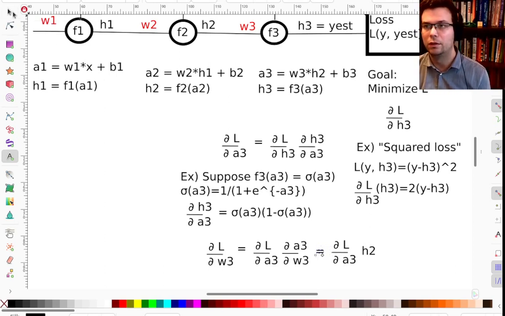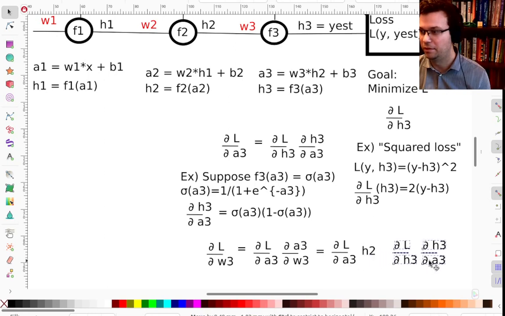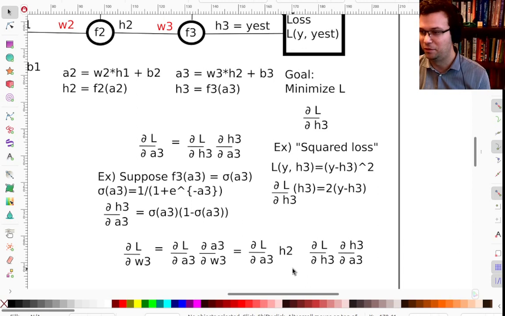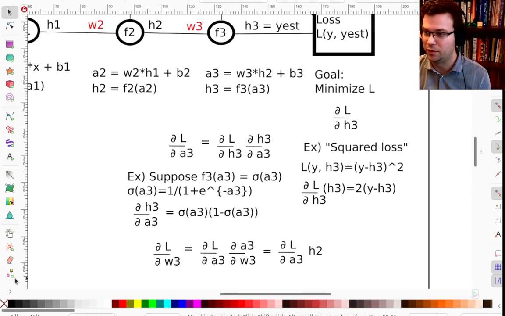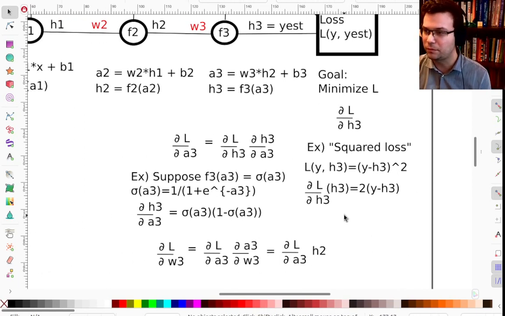And you could expand this even more if you wanted to, because I could plug in the whole expression for dL/dA3. I could make this expression look even worse than it is, but I find it easier to imagine that I'm storing intermediate results here. I have this intermediate result of dL/dA3, and I'm just going to plug in whatever I figured out that was.